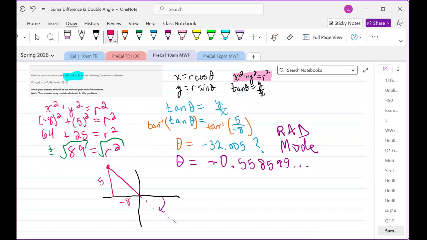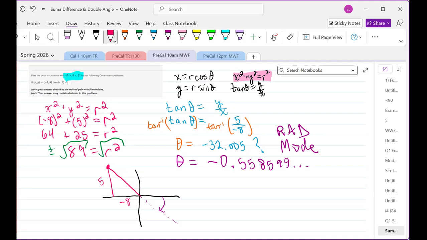Now my angle, the -0.5585 radians, is between -pi/2 and +pi/2. So I can't change my angle. So the only thing I can change now to get the correct polar coordinates is to choose which radius I need. So I'll end up in quadrant 2.